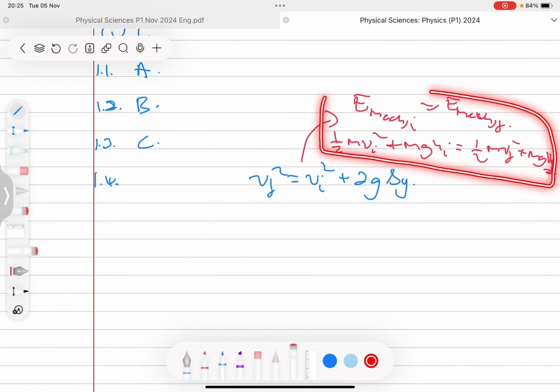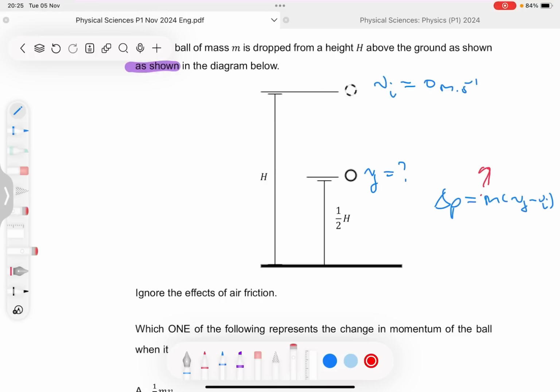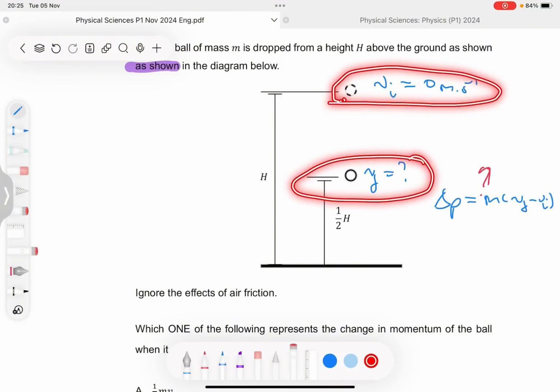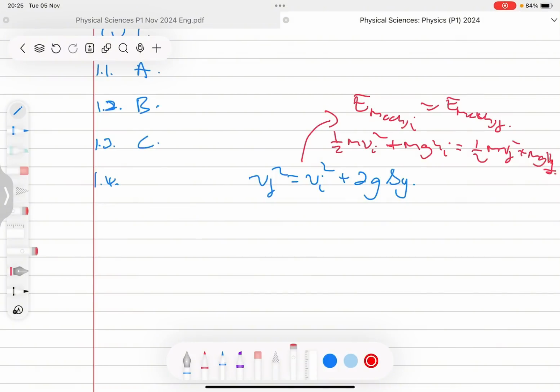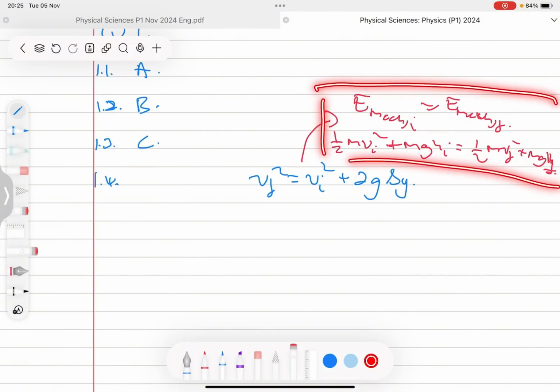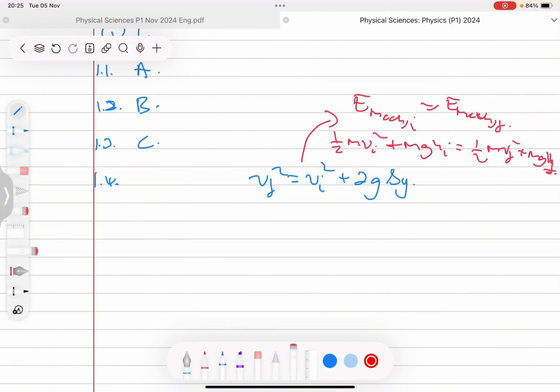This equation is also applicable in this problem because there's no air friction, meaning the mechanical energy is conserved. The mechanical energy here initially at the top is the same as the mechanical energy here at the bottom. You can use it to also determine the final velocity here. You will get the same answer. In fact, I'm not going to use this method. I want you to try it on your own and see if we get the same answer.